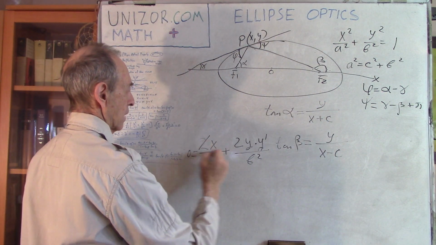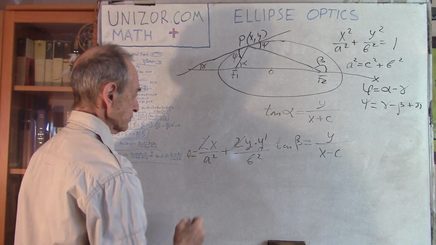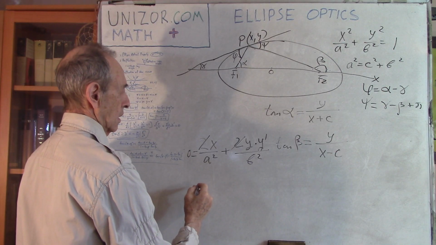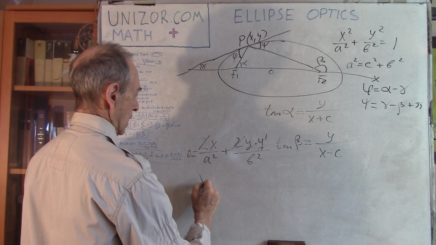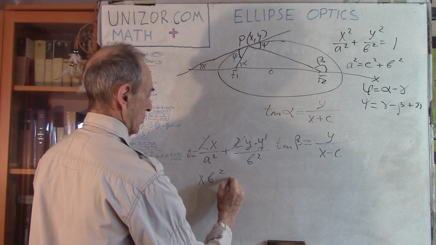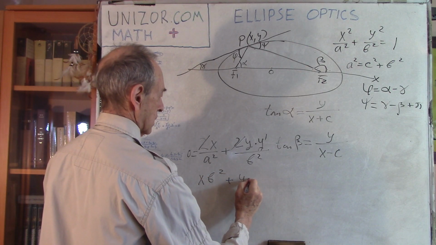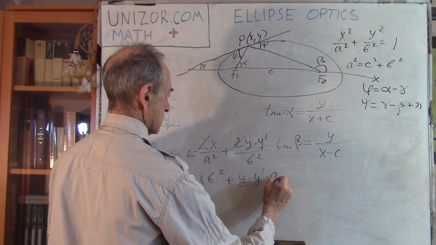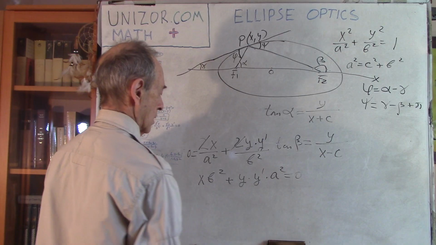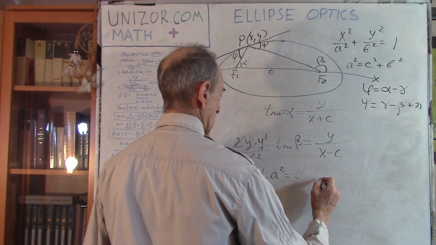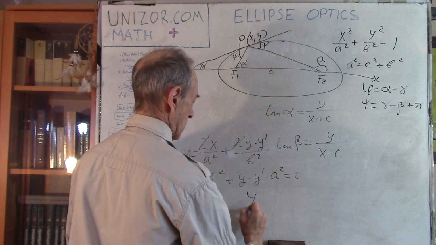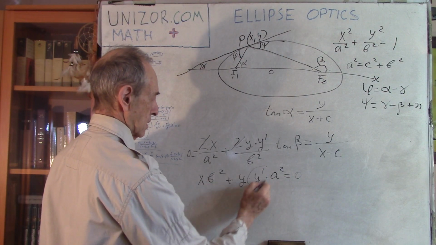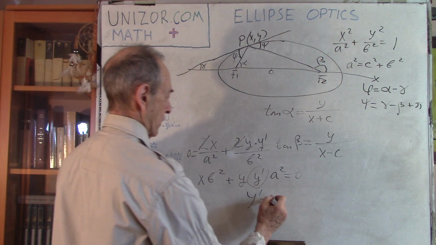Okay, so what do we do? Obviously we cancel 2. We multiply by a squared b squared, so we will have x b squared plus y times y's derivative times a squared equals 0, and the y derivative is equal to what?